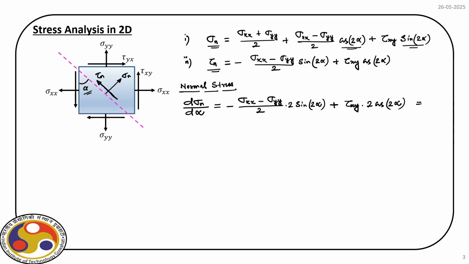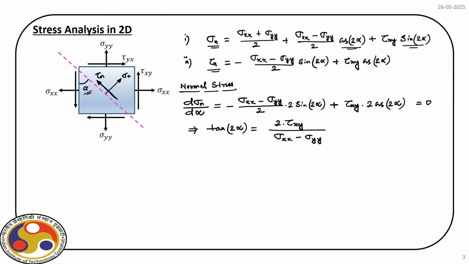This is equal to 0. Now, if we do that, we get tan of 2 alpha is equal to tau xy divided by (sigma xx minus sigma yy) by 2. The 2 will go to the numerator. So, that is the expression we get.